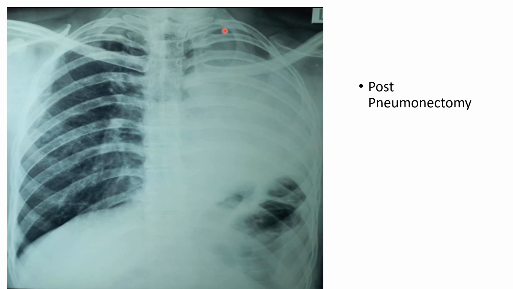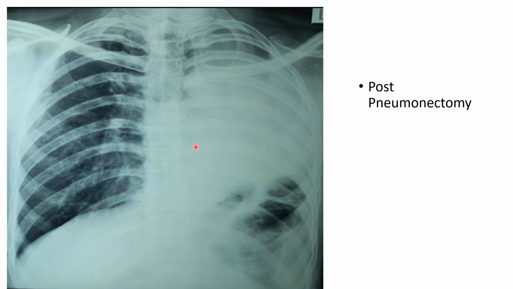So here we have a whiteout with volume loss. We know the history, so it is a post-pneumonectomy chest X-ray. In a post-pneumonectomy chest X-ray, after the lung is removed surgically, the area that is empty is filled with serous fluid.